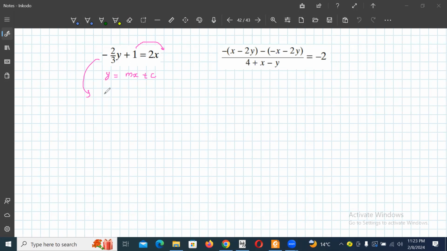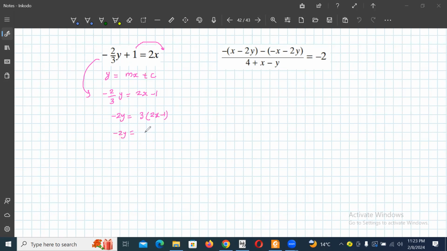So minus 2 over 3y is equal to 2x minus 1. And the position of 3 is in divide, so on the other side it will multiply. So minus 2y is equal to 3 bracket open 2x minus 1, and later on we can divide on the other side.